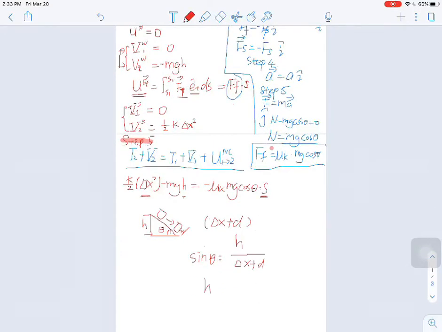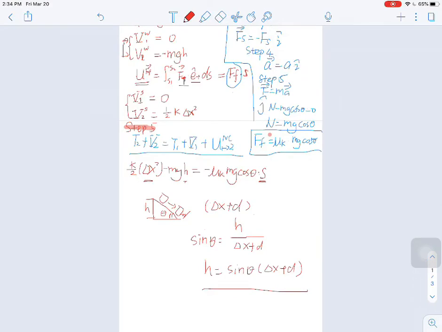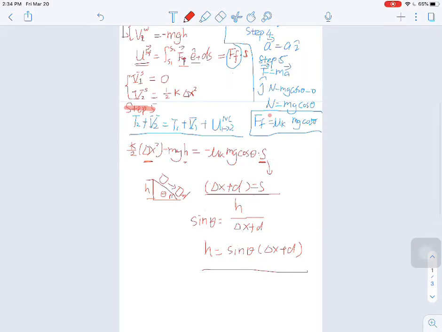Right here, h equals sine theta times delta x plus d. And you can plug this h into the work energy equation, and plug this s into the work energy equation to solve what is delta x.